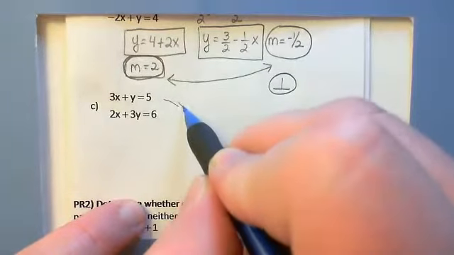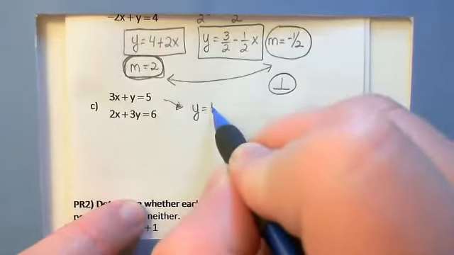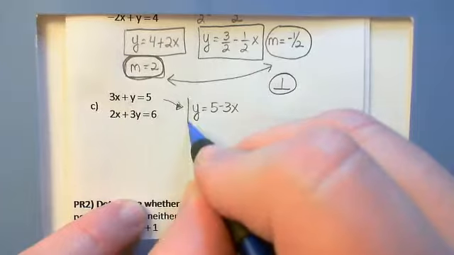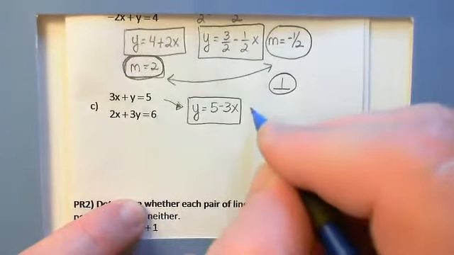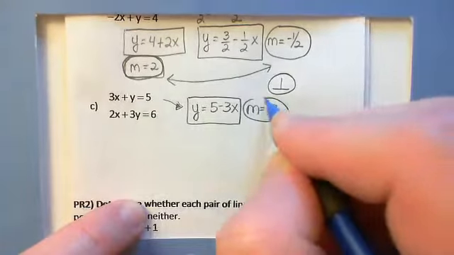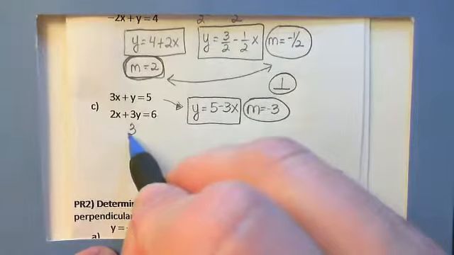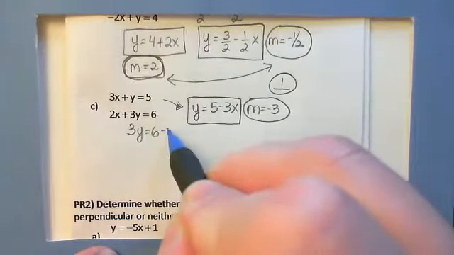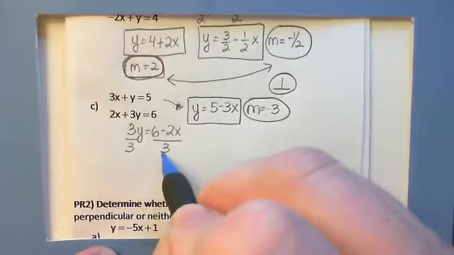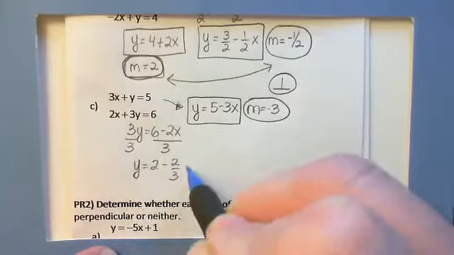Alright, letter C, we're going to get the y alone, so this would be y equals 5 minus 3x. What is my slope? m equals negative 3. And this would be 3y equals 6 minus 2x, divided by 3. y equals 2 minus 2/3 x.